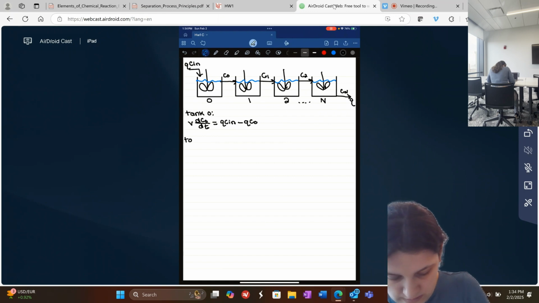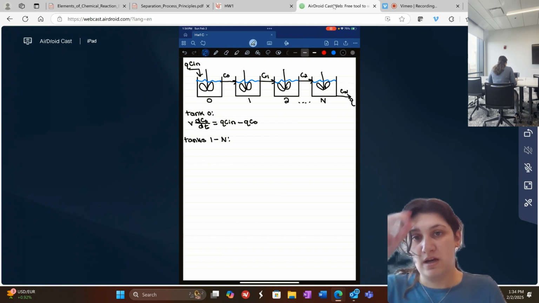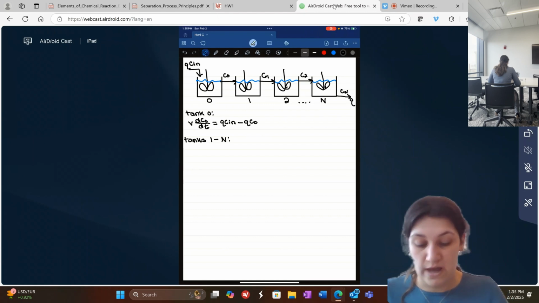Then for tanks 1 through N, we have another differential equation. I'm going to write it out in terms of our tank 1, but you'll be able to apply the same equation for tanks 1 through N.